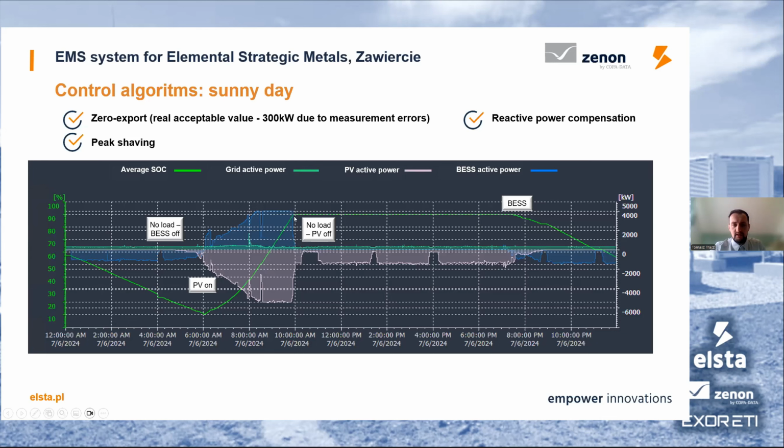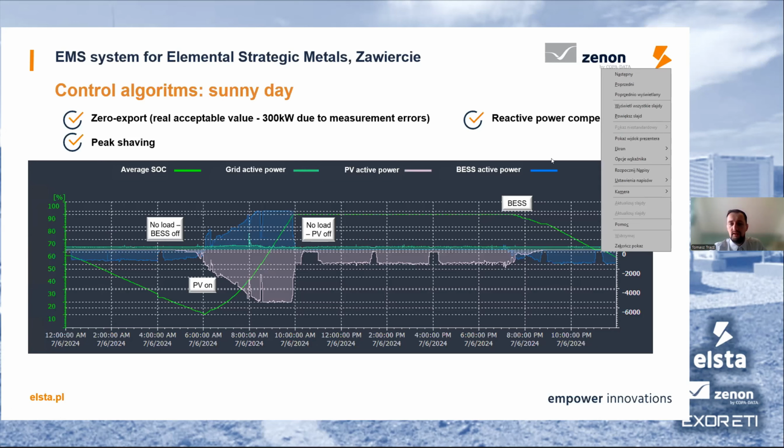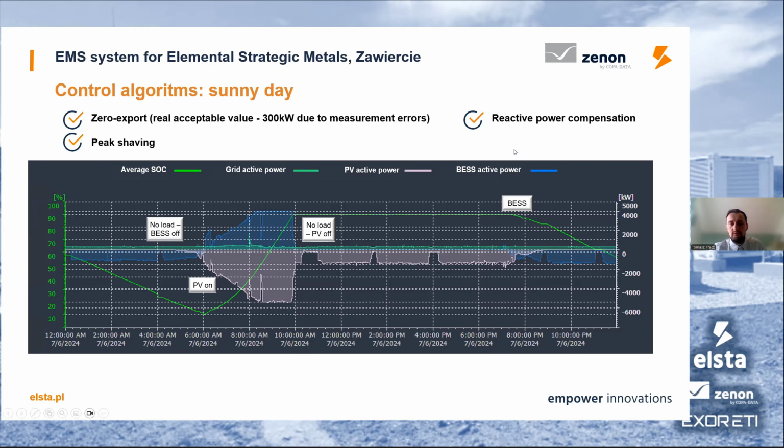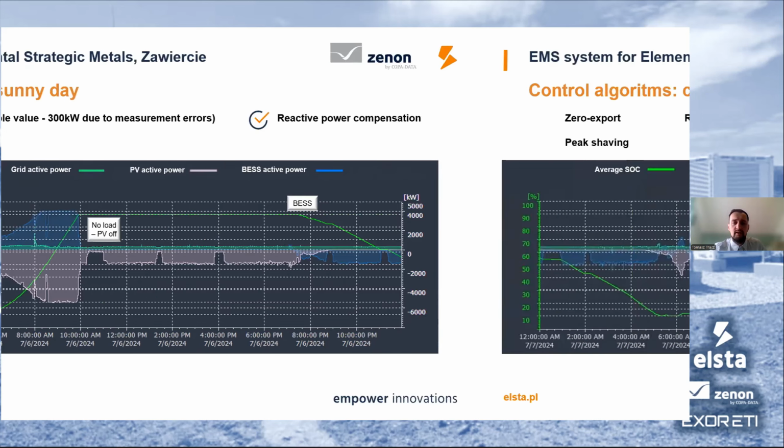Later, when we see that the energy storage is fully charged, only PV is producing as much as it's needed for site usage. And later on, when the sun is off, PV is slowing down, and we can see that the energy storage is taking over. So it's a perfect solution. You can see that the parameters of the equipment were adjusted really well, but there is also place for optimization, but I will say about this later.